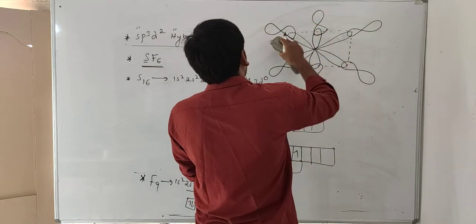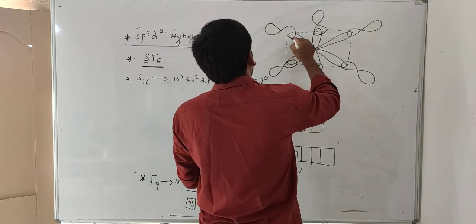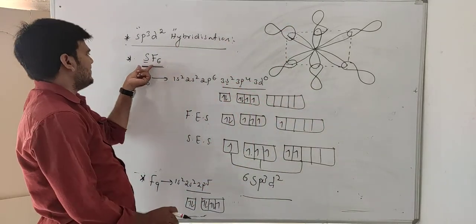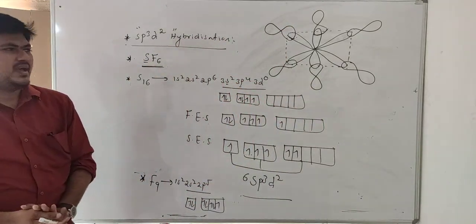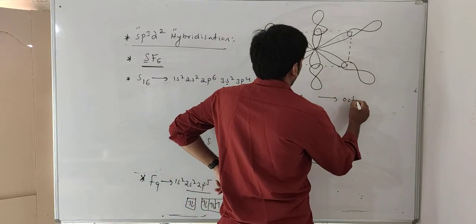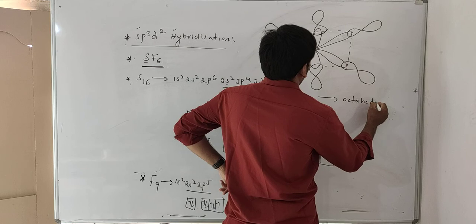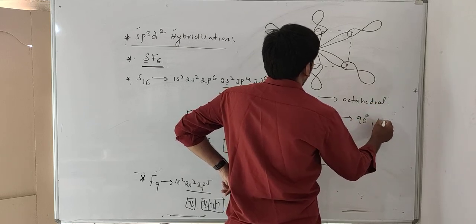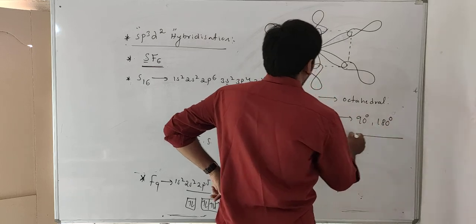Okay, so this is the structure of sulfur hexafluoride, and the shape of the molecule is octahedral, and bond angles are 90 degrees and 180 degrees.